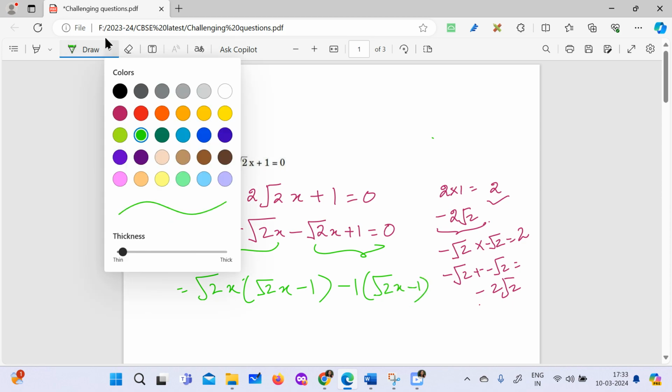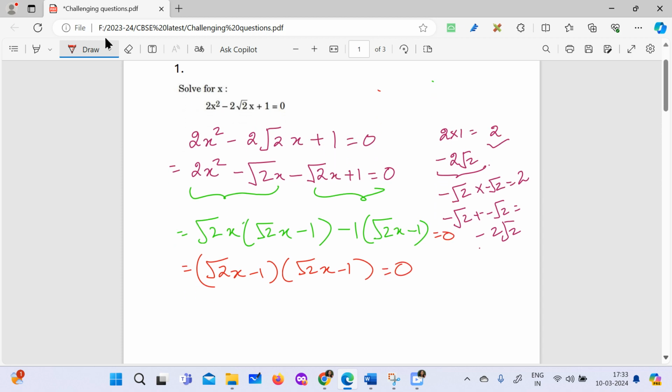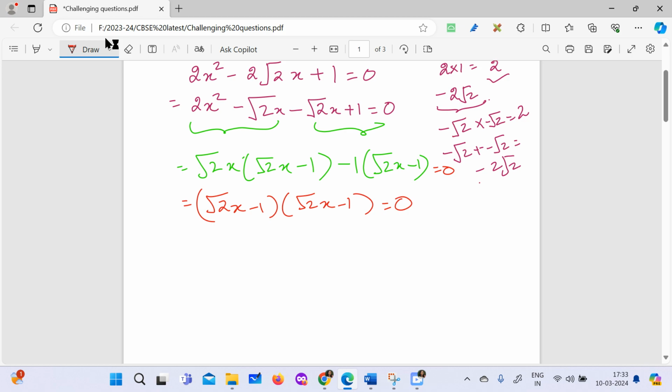So you will have now root 2 x minus 1 and root 2 x minus 1. So your question is to find the value of x, that is, solve for x. Okay, so you have now root 2 x minus 1 equals 0 and the same thing you have here as well, root 2 x minus 1 equals 0.